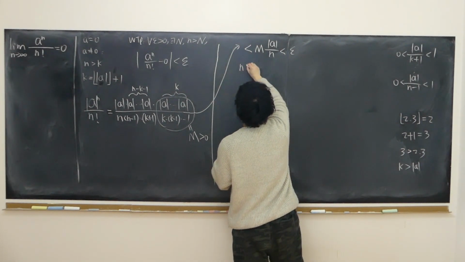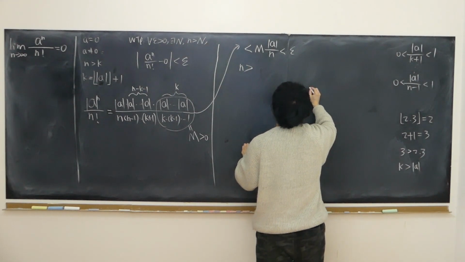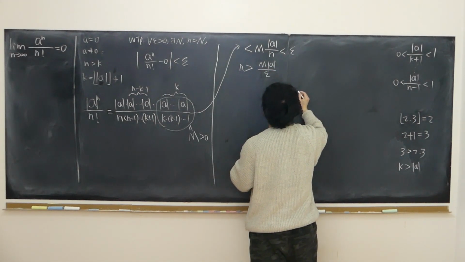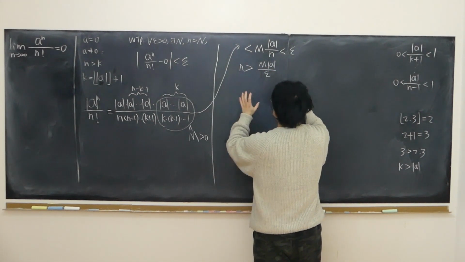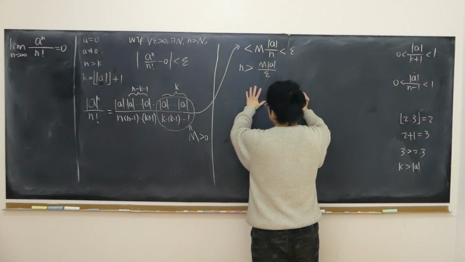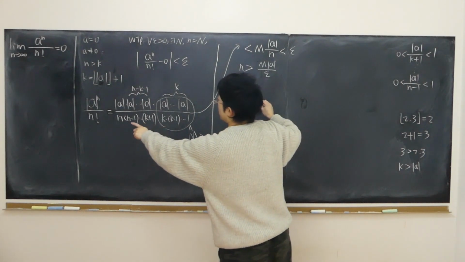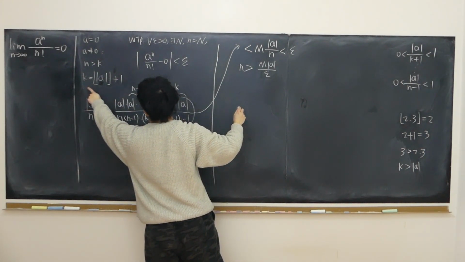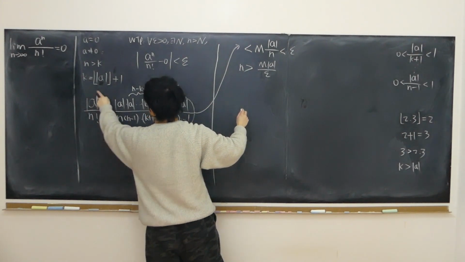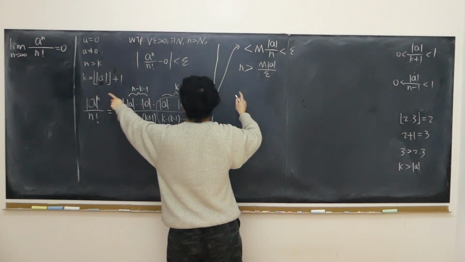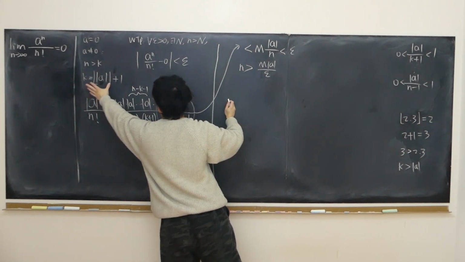Now, n is larger than M times absolute value of a over epsilon. All right, so as long as n is large enough, how large? Larger than this, and also larger than k. All right, is it achievable? Yes, because like I said, k is already fixed. And n, of course, minimum requirement is that n has to be larger than this value.